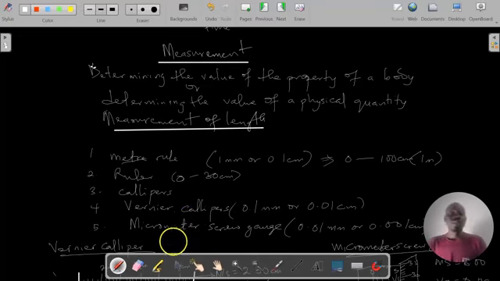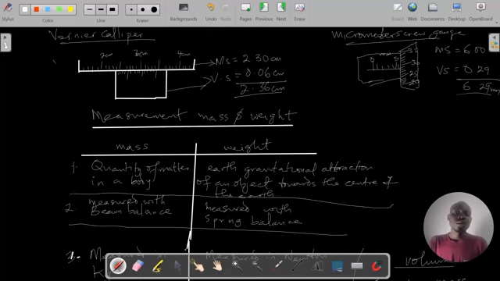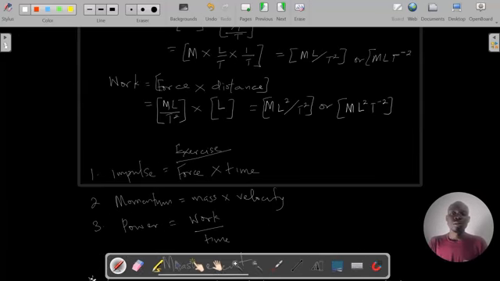You can also use it to measure the thickness of a meter rule, the diameter of a hole, and so on. The micrometer screw gauge measures the internal and external diameter of a wire, just very tiny objects, like the thickness of a paper. Those are examples of what you can use those instruments to measure.